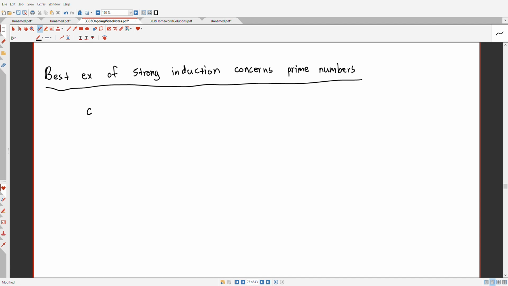The claim: every natural number bigger than 1. So for every natural number n, strictly bigger than 1, n is the product of prime numbers.